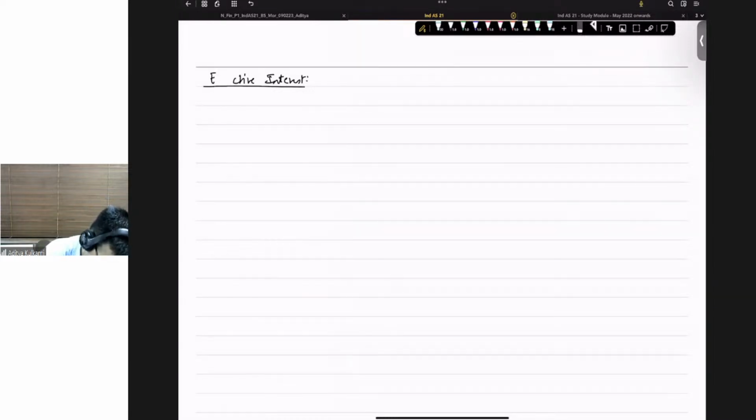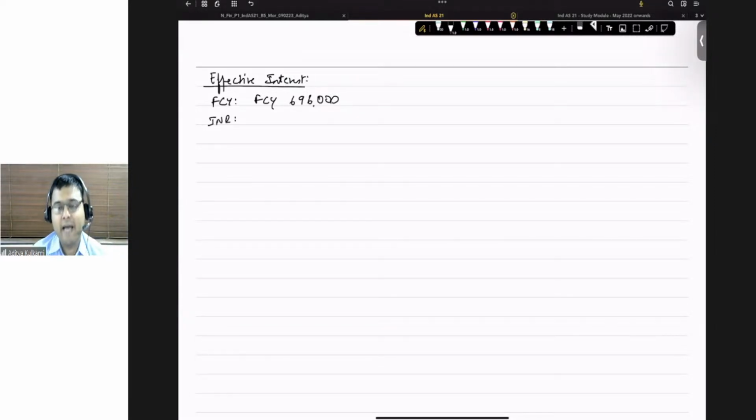Foreign currency. It came to 6,96,000 as per the table. So INR value will be based on average rate. Why? Interest accrues throughout the year.